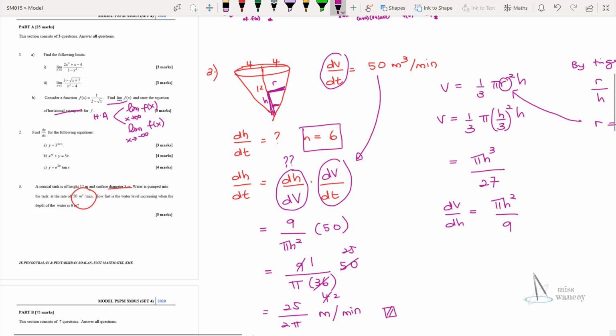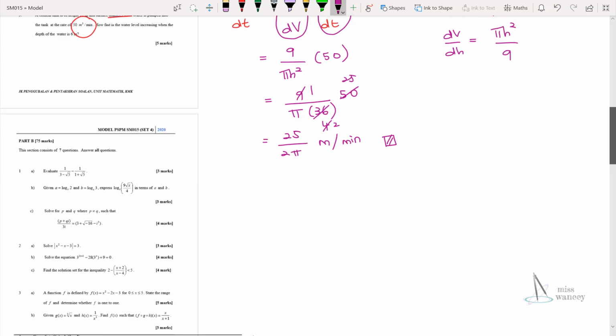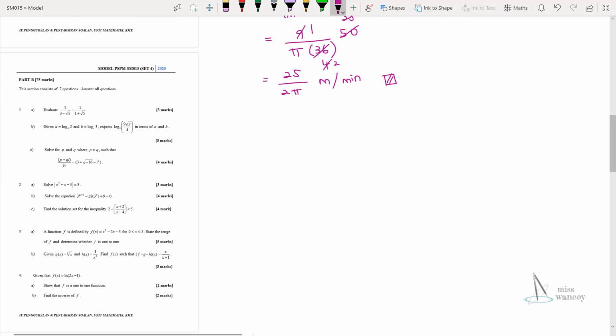Okay, so I'm done with part A, so let us proceed with part B. Part B: evaluate 1 over 3 minus root 5 minus 1 over 1 plus root 5. There are two methods to solve this one.